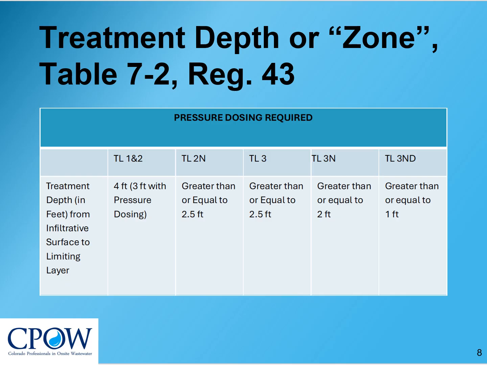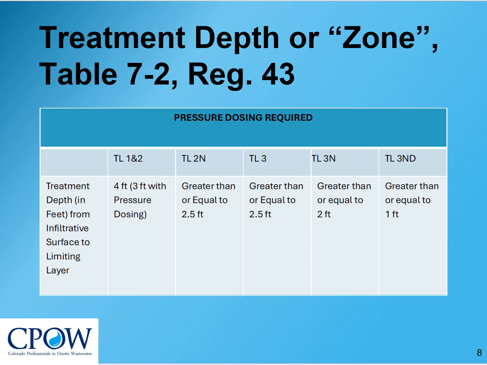Any limiting layers encountered in your soil test pits will influence the infiltrative surface elevation of your soil treatment area. Here in Regulation 43, Table 7.2, we can see the separation distance requirements for the infiltrative surface of soil treatment areas receiving different treatment levels of effluent.